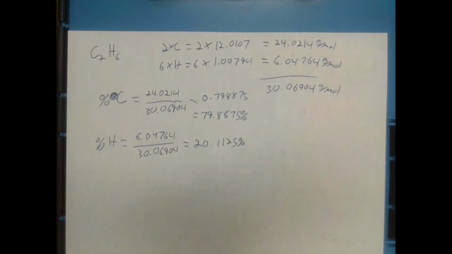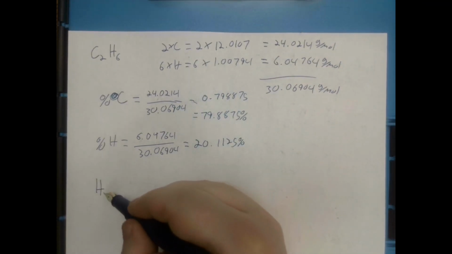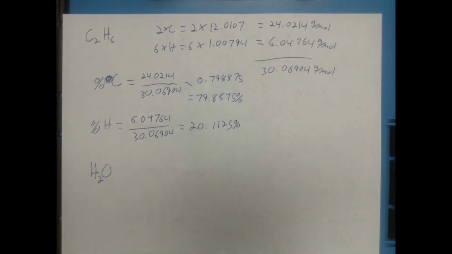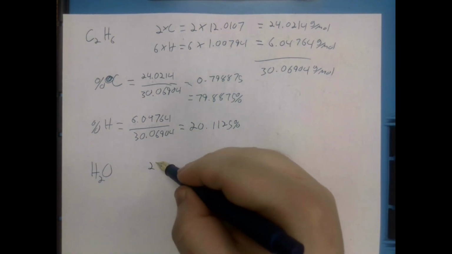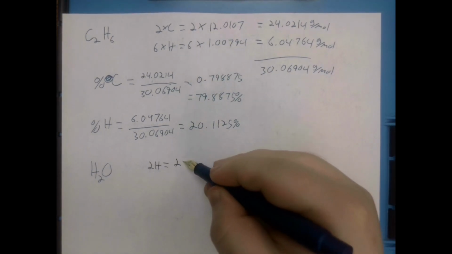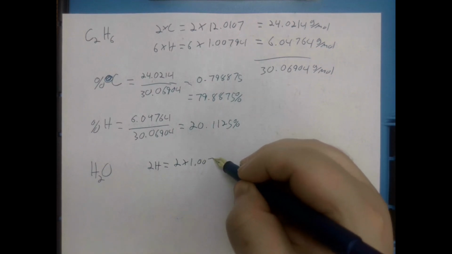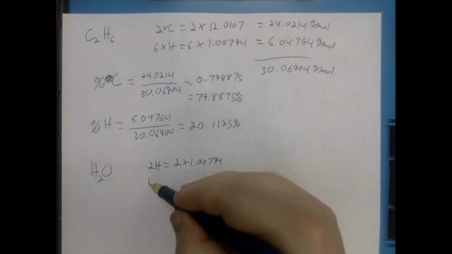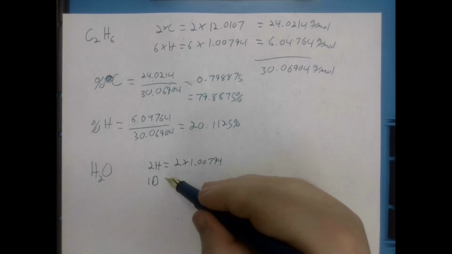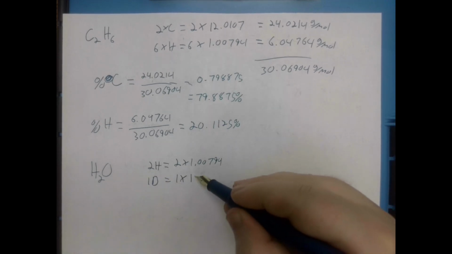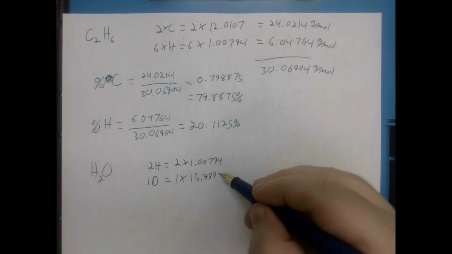Let's try water. H2O. So there's 2 hydrogen. So 2 times 1.0794. And there's 1 oxygen. So 15.9994.